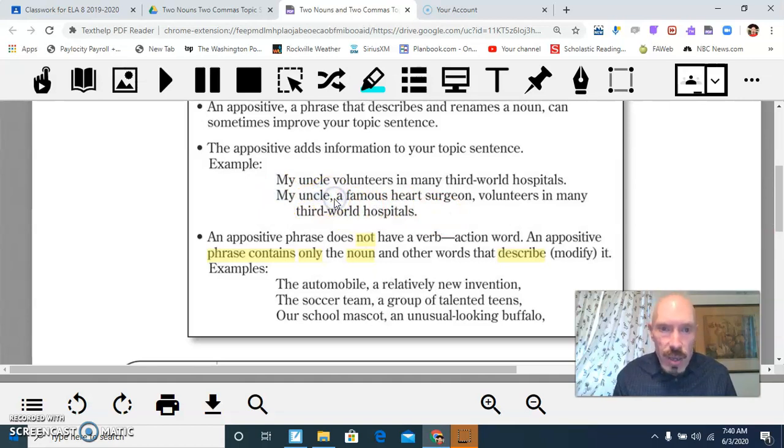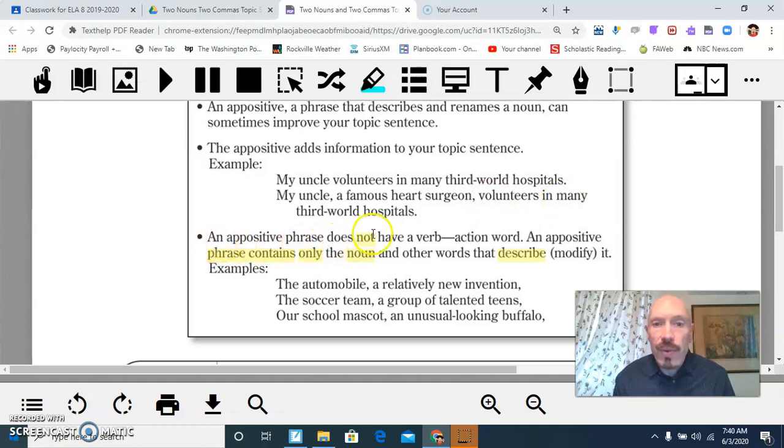And it's followed by this comma here. And then there's a phrase that explains who the uncle is, a famous heart surgeon. And the phrase is centered around a noun that's explaining the first noun. And then after you say that noun or phrase, there's the comma, see it? And then the rest of the sentence about your topic, okay?